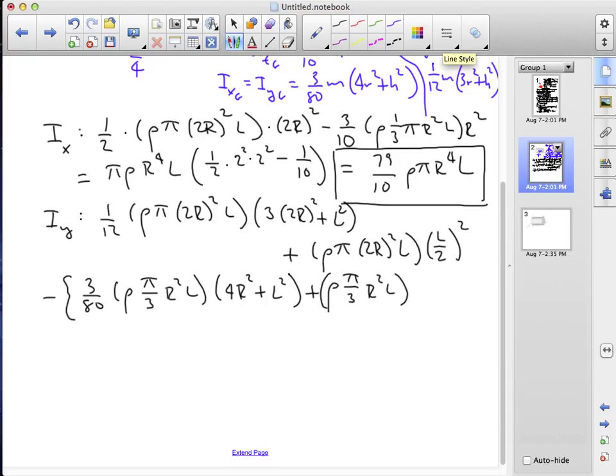And here we're using L minus L over 4, or 3/4 L, squared.